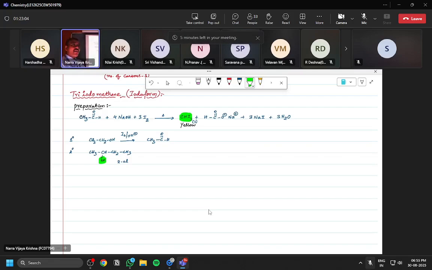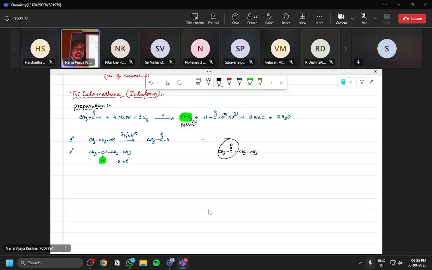So among primary alcohols, only ethyl alcohol. Among secondary alcohols, all 2-ols. Tertiary alcohols fail. Among aldehydes, only acetaldehyde. Among ketones, all methyl ketones respond.